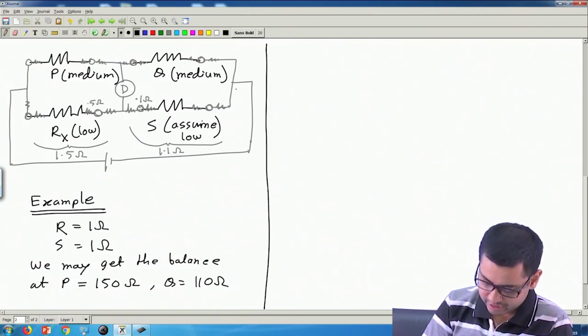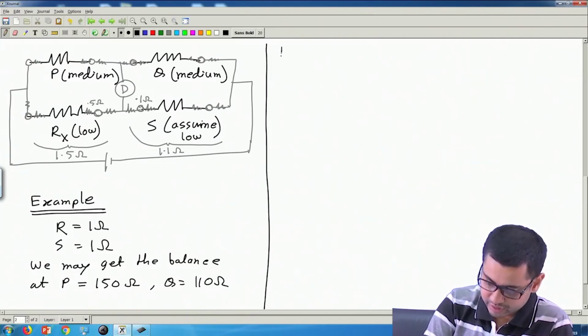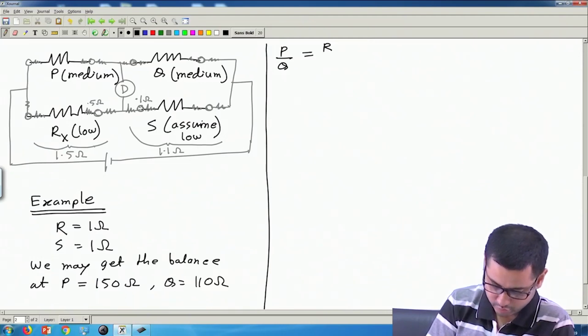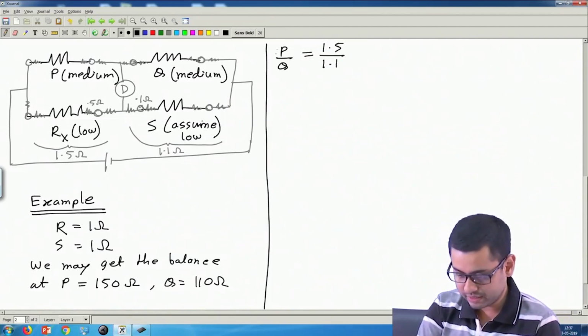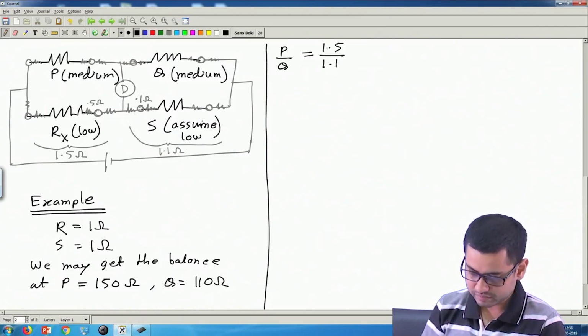Okay, so clearly P by Q is the same as R plus these quantities. So let's write 1.5 by 1.1. So clearly this is the balance condition.